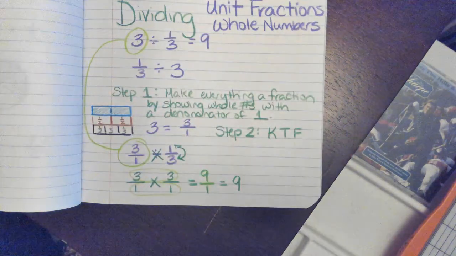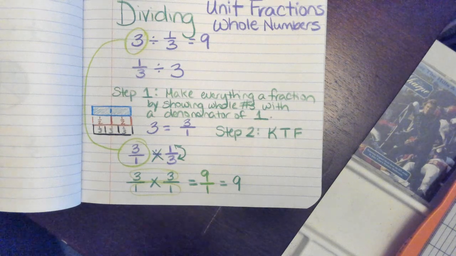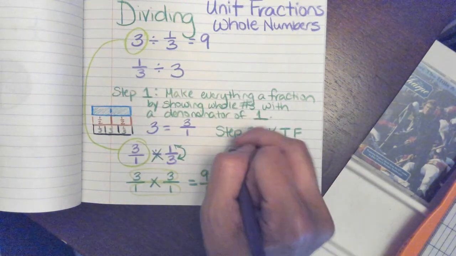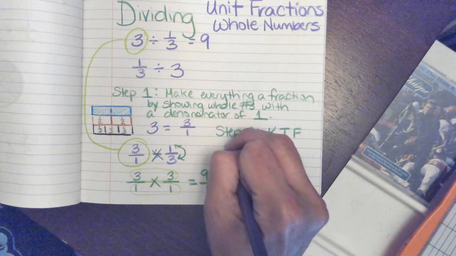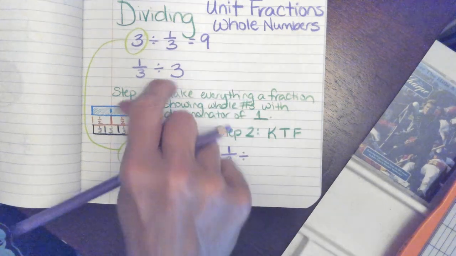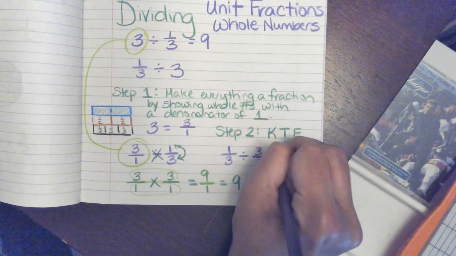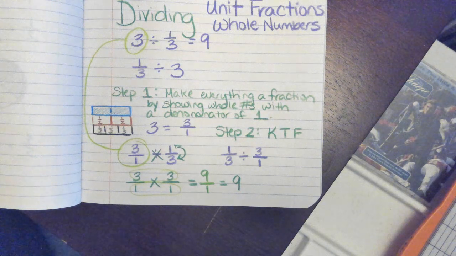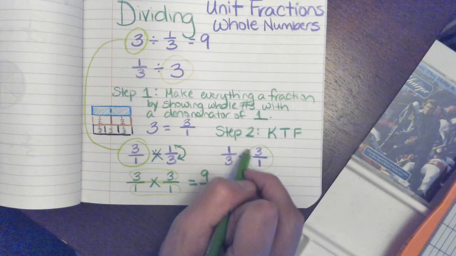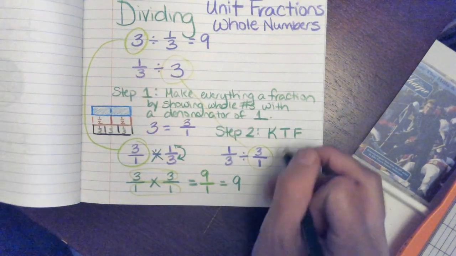I'm going to draw you a picture up here, but first I want to do 1/3 divided by 3. Again, step 1, make everything a fraction. I already had 1/3, and I'm dividing by 3, which I write as 3 over 1. These two things are the same. Then keep times flip.